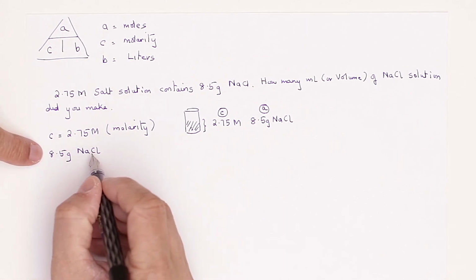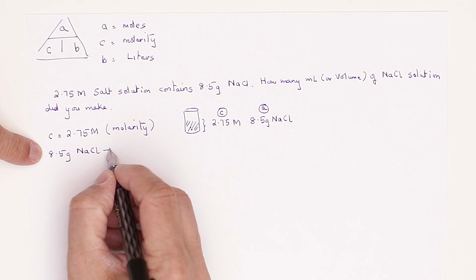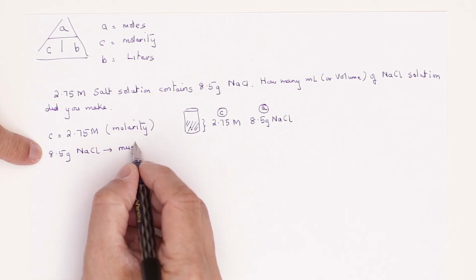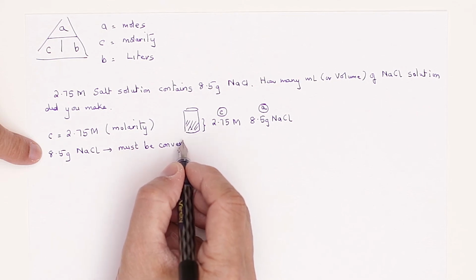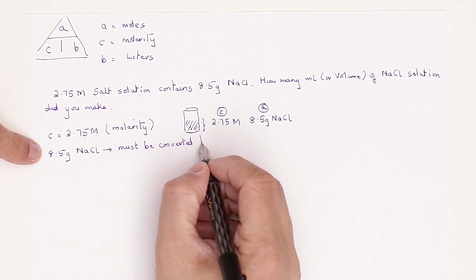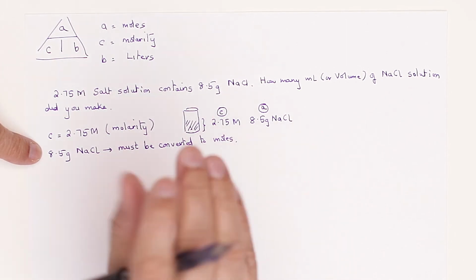So 8.5 grams of sodium chloride, keep in mind this is not in moles, must be converted to moles. Just remember, it's absolutely critical that you not forget the earlier stuff because it's all tied in. So here you're going from grams to moles.